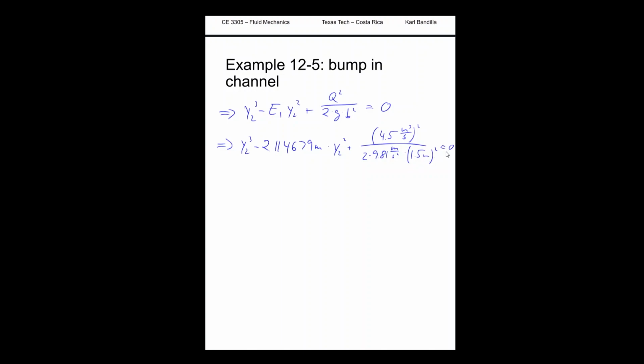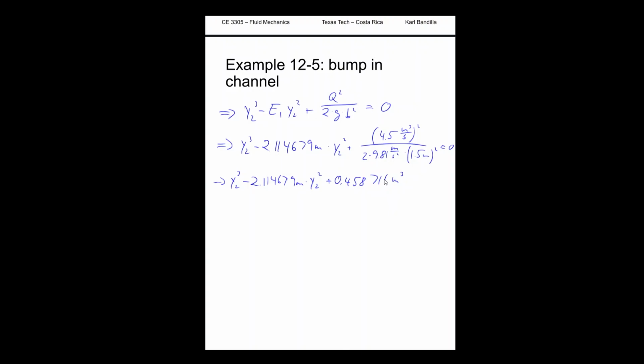Equal to 0. Which means we get y2 third power minus 2.114679 meters times y2 squared plus 0.458716 meters cubed. Real quick to the units, right?